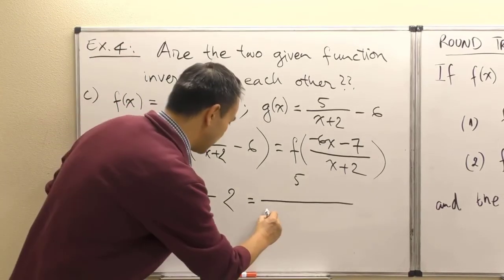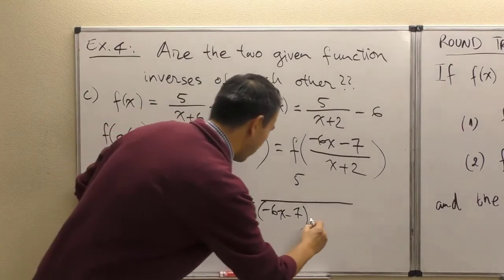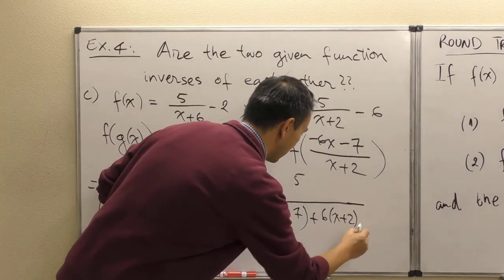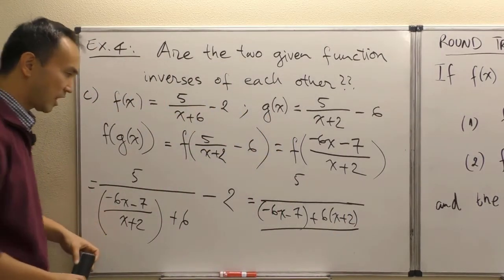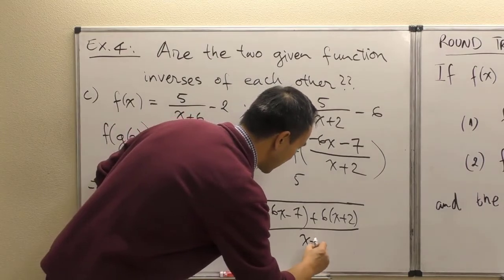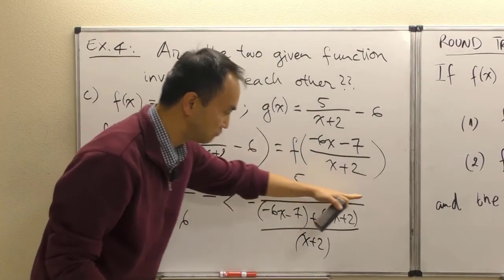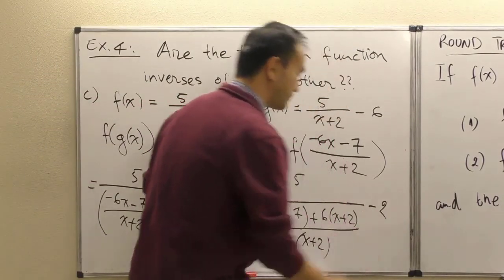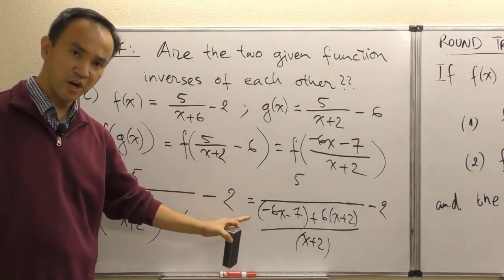We're looking at minus 6x minus 7, plus 6 times x plus 2. Hopefully that revealed a little bit of your skill about finding common denominators. This was the common denominator x plus 2, so this was one fraction in the big denominator, and then minus 2. All right, now I will advance to my next board for the continuation of this work.